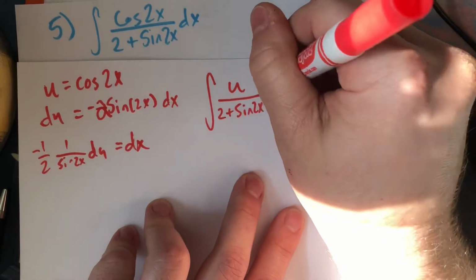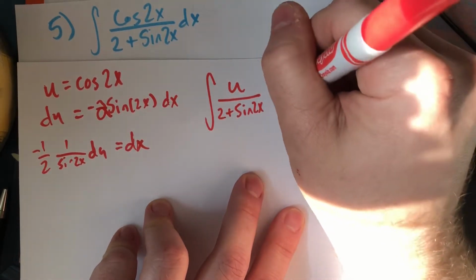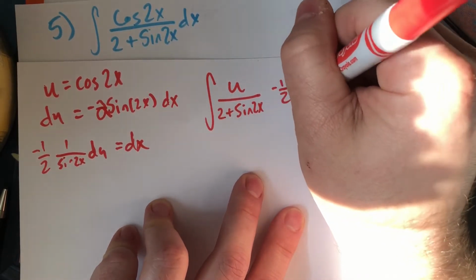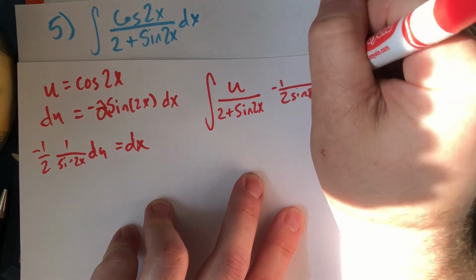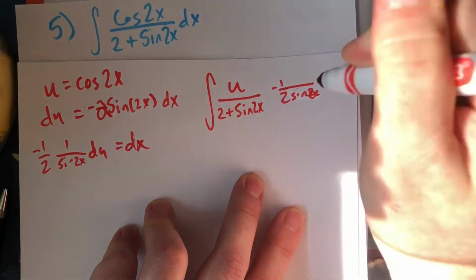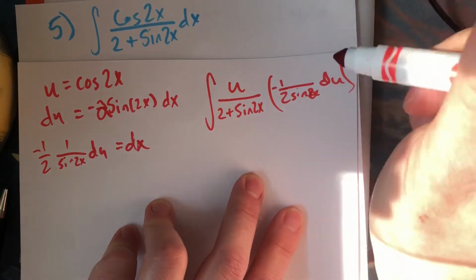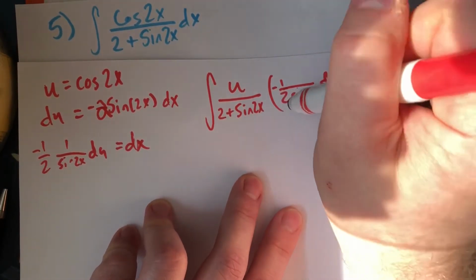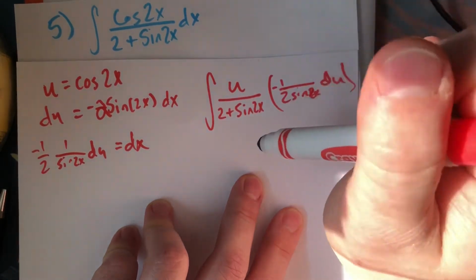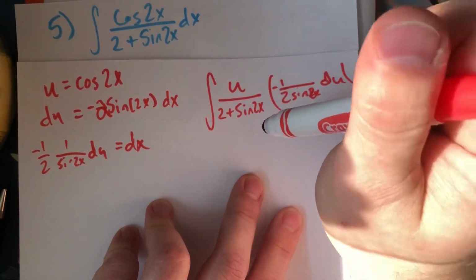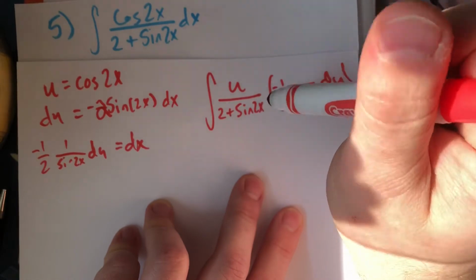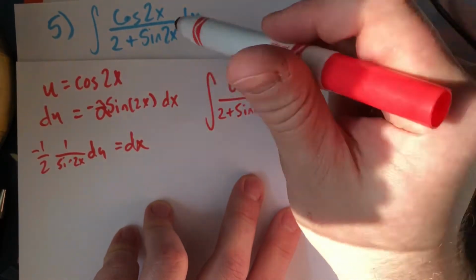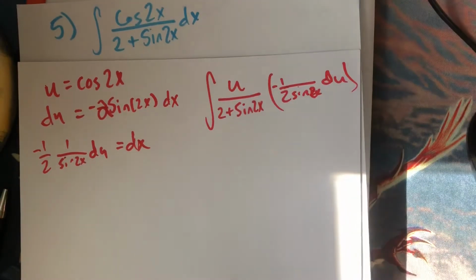And the dx is negative 1/2, well, I guess I could say this is 2 sine 2x du. But you might notice that nothing's canceling here, and in fact, this 2 sine 2x is going to have to distribute to those two. Perhaps there's something I can do there, but this seems messier than the original. This seems like maybe this isn't a good direction to go.